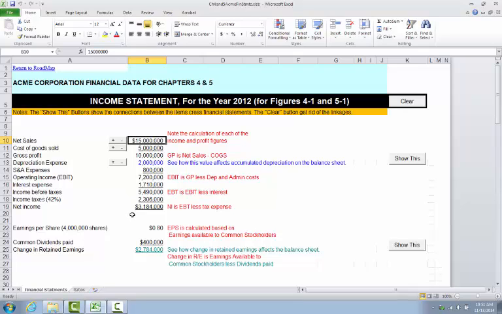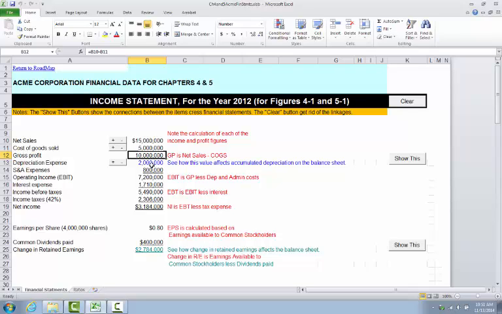Here we have our net sales of $15 million. Next we subtract the $5 million cost of goods sold. That would be the cost of your materials, labor, and overhead that can be specifically allocated to the goods that were sold. That leaves us with our gross profit.